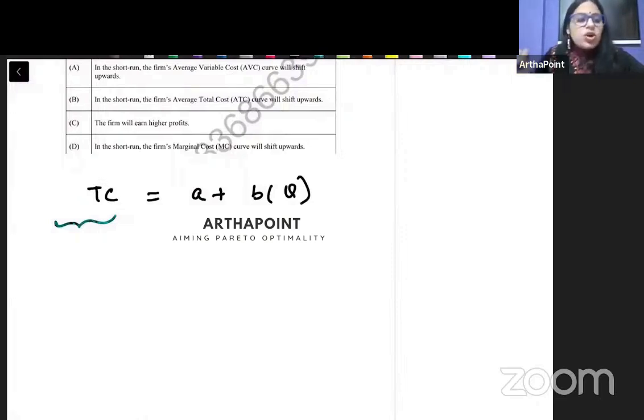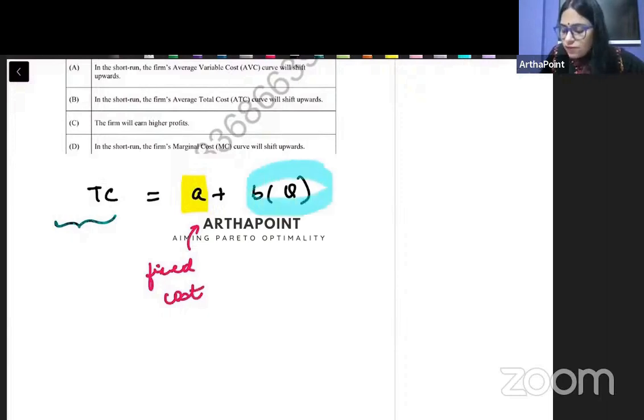In this total cost function, there is one part which is not a function of your output. Right, beta? This is not a function of the output. So this is my fixed cost. But this is a function of the output. This is your variable cost.